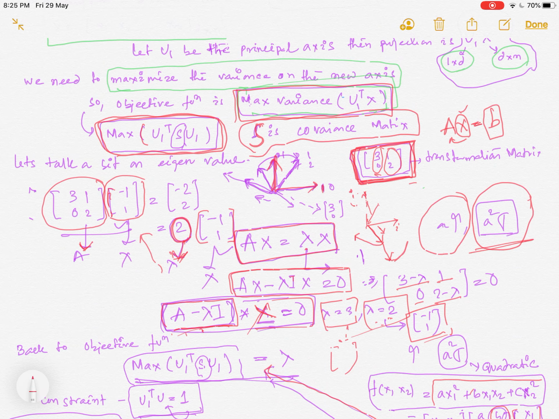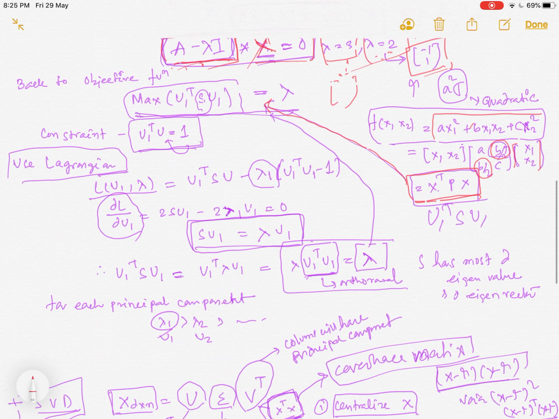So if we are saying that area is 0 in 2D space, then we are saying that it is a single straight line. So eigenvalue and eigenvector give some sort of dimensionality and direction, and we will see how a similar structure appears in our solution to the objective function.